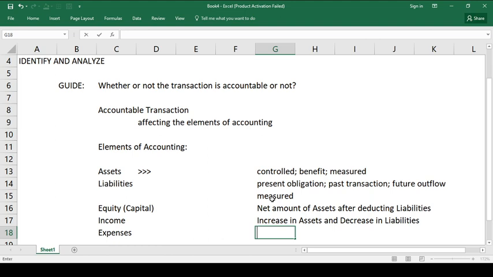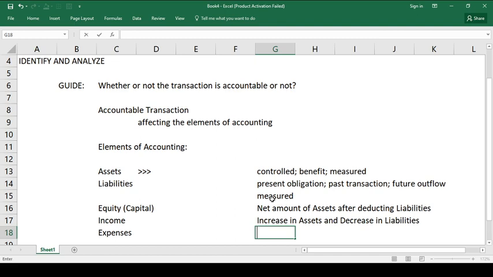Take note, there is an income if we believe that our assets are increasing. If the assets that we have keep on increasing from 100,000, and the total asset happens to be 120,000, the additional 20,000 is an income because it is an increase in the assets.